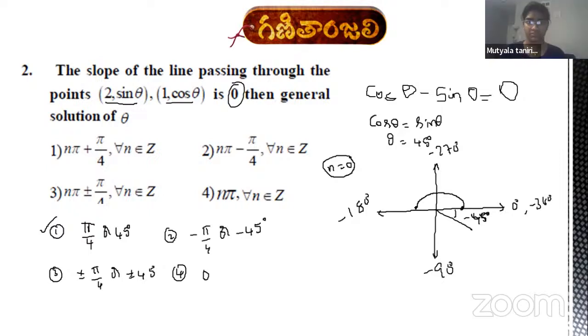Negative 45 degrees is not in the range of inclination. That's why option 2 is not taken.